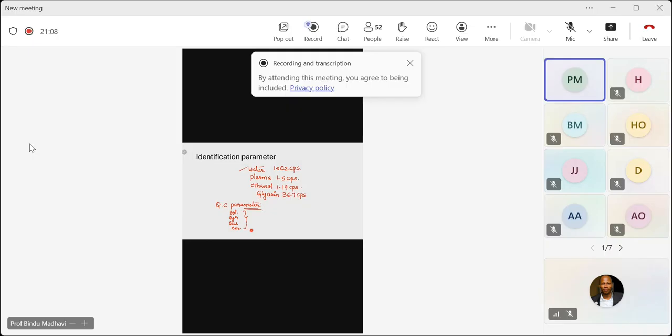Just for an example, when you take creams, when is it going to spread properly? This can be related with the viscosity. So to confirm the spreading quality of the cream, viscosity can be used as one of the quality control parameters. When you have the suspension, when can we control the sedimentation? That sedimentation is linked with the viscosity.